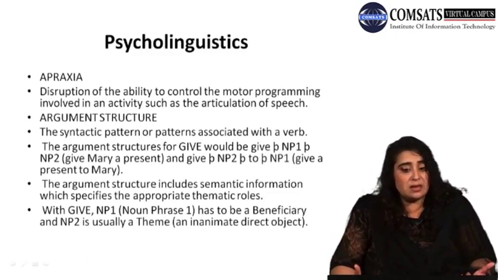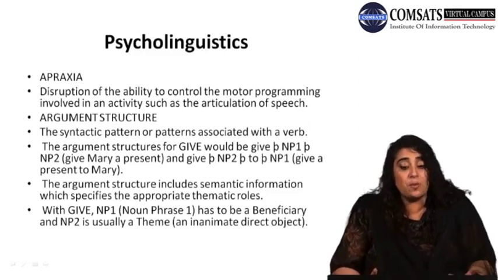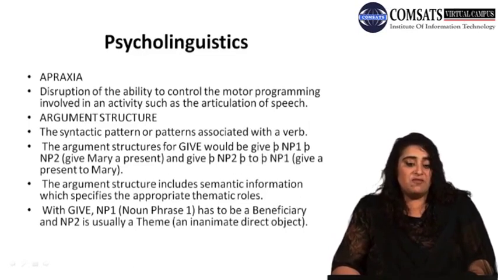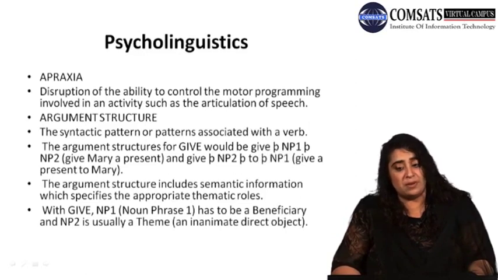So argument structure would be the syntactic pattern or patterns associated with a verb. The argument structures for give would be give NP1 NP2, give Mary a present, and give NP2 to NP1, give a present to Mary.